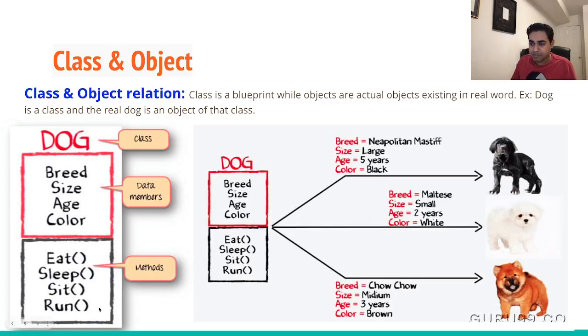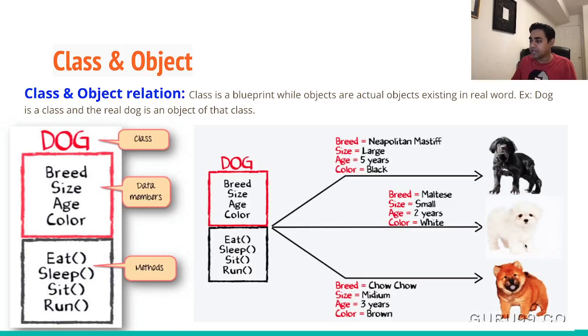So this is just the blueprint. That's why I'm saying this is a dog class, and based on this class you can make a number of objects. One object could be dog number 1. It will have its own name, its own color and age, and its own methods, like how the methods work for this specific dog, and then the sleep method, the sit method.